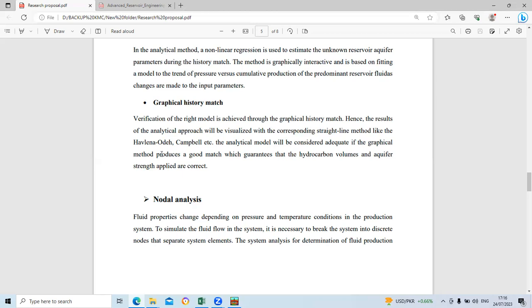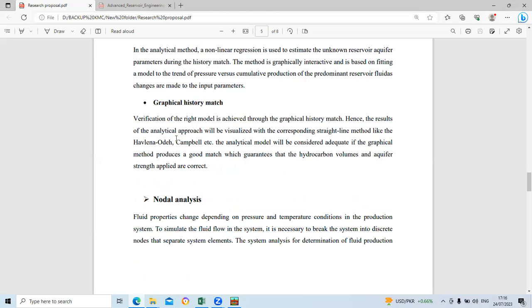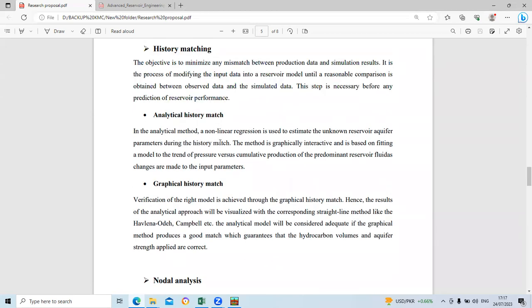If we see that there is a good match between them, then it simply confirms that the analytical matching that we did is okay. If we go to the graphical method and look at the graphs and see that some adjustment needs to be made, once we do the adjustment, the analytical history match will automatically readjust.